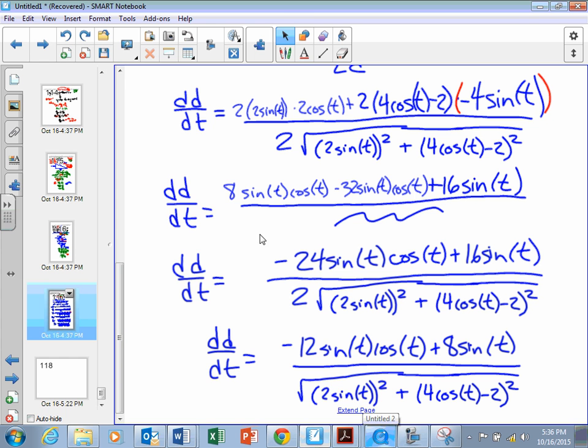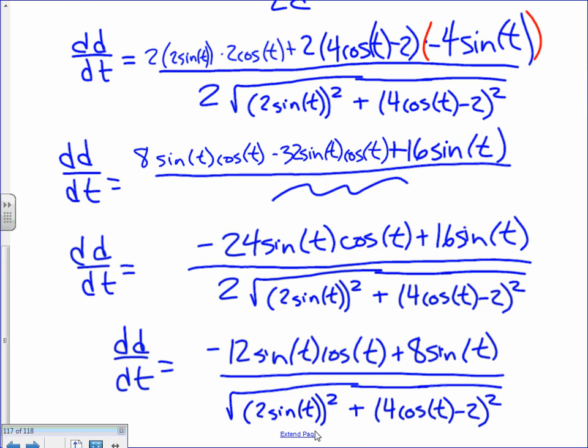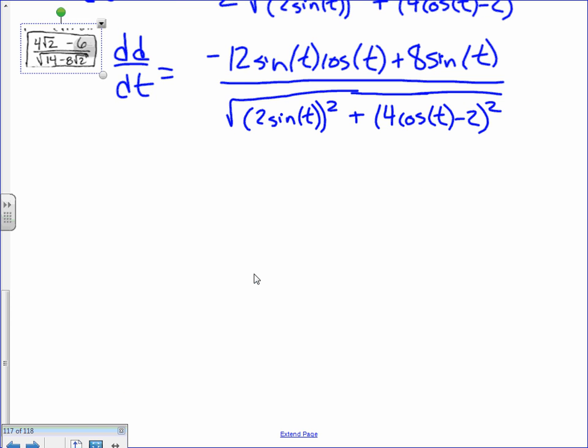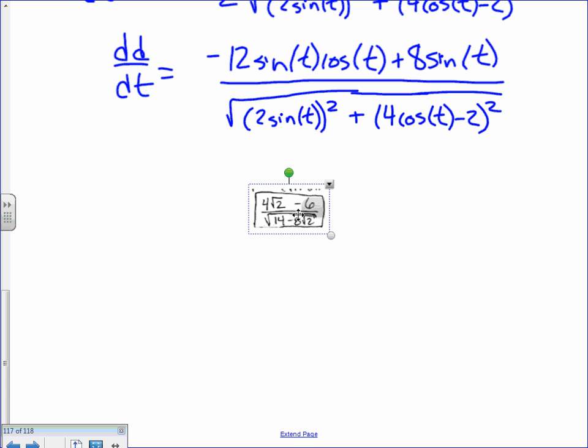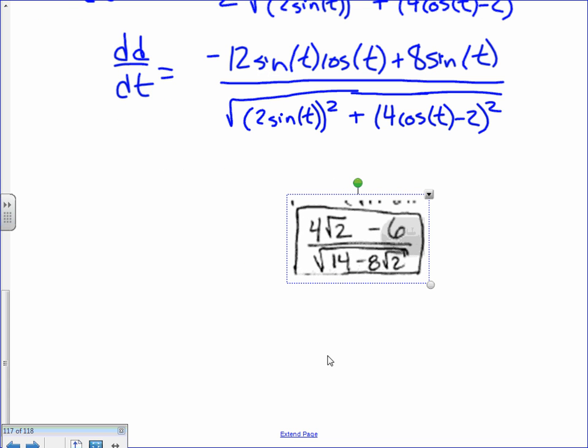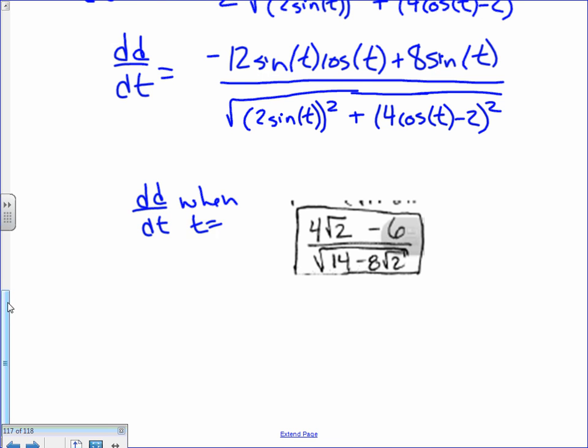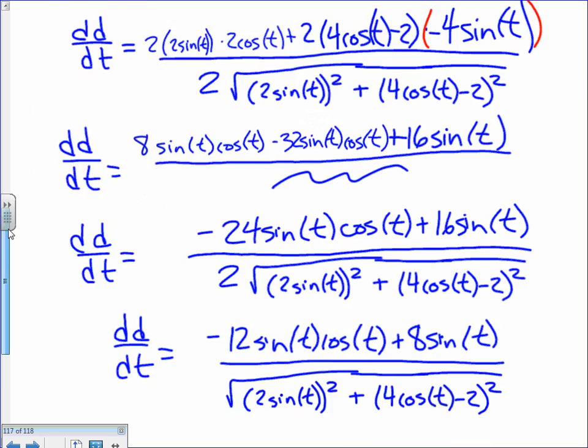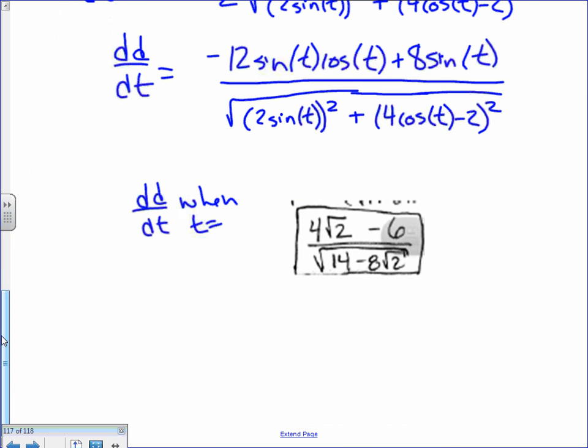And I would be using my calculator, or if I was especially a good student and had all my special trig values memorized, I would use that. So this is dd/dt when t equals, was it pi over 4? I have to scroll all the way back up. Pi over 4.